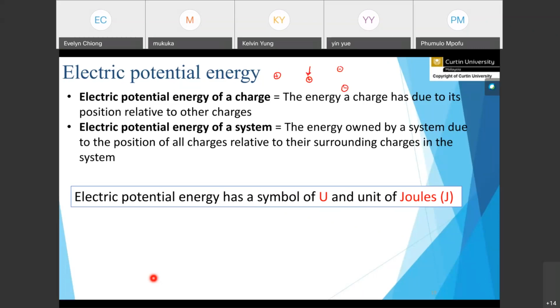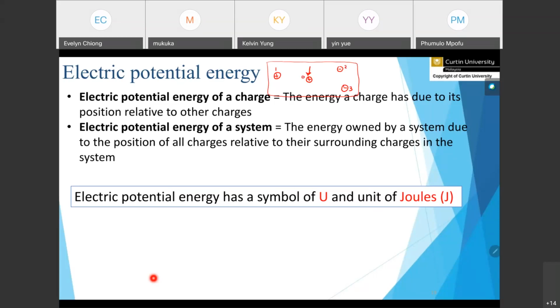Okay, so this one is only talking about the charge. But for a system, then you consider everybody inside, all the charges inside. Then you have to compare this charge with another one. Let's say this is O, okay? Then you have 1 here, 2, 3.